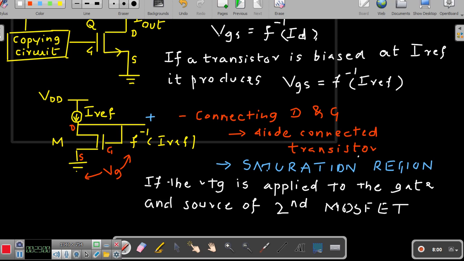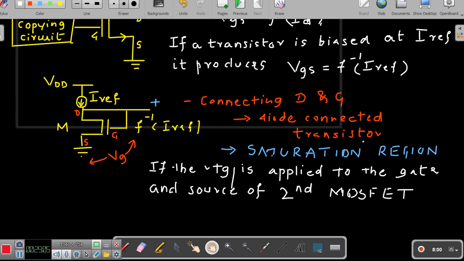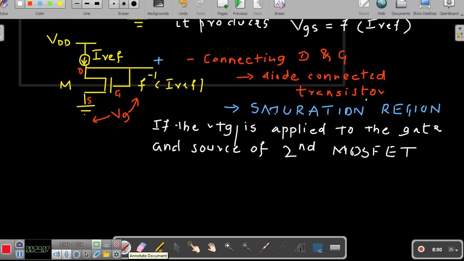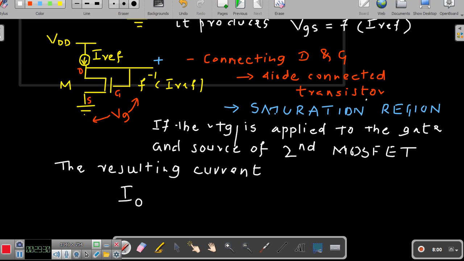If the voltage is applied to the gate and source of the second MOSFET, what happens here? You can see the resulting current, let me write it as I out. So what will be the value of I out?